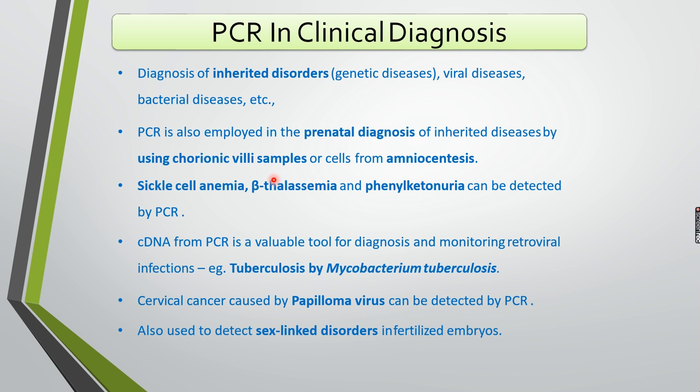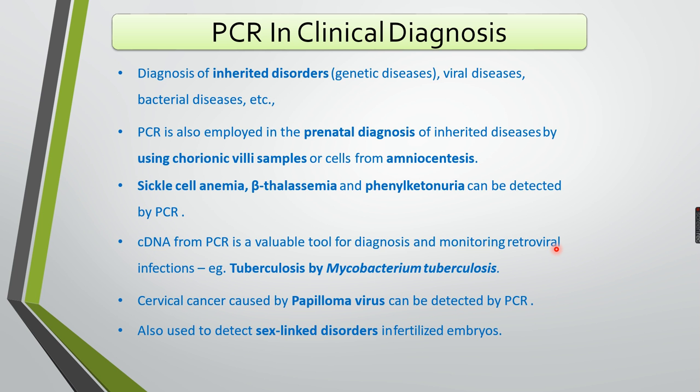Some other important genetic disorders like sickle cell anemia, beta thalassemia, and phenylketonuria can be detected by PCR test. And one more, complementary DNA from PCR is a valuable tool for diagnosis and monitoring of retroviral infection. Retroviruses are mostly viruses containing RNA.